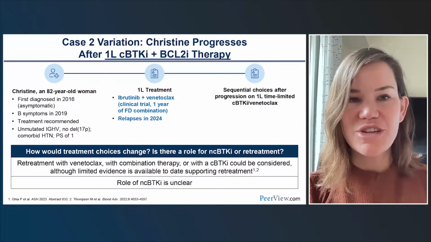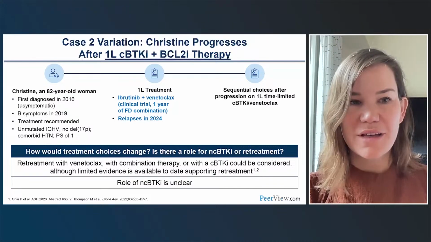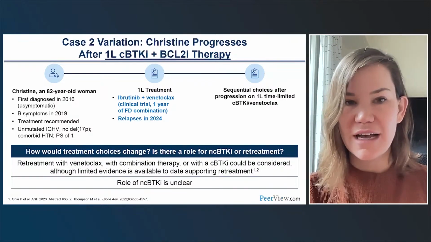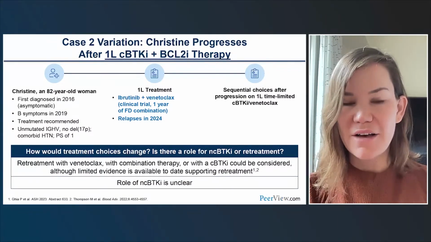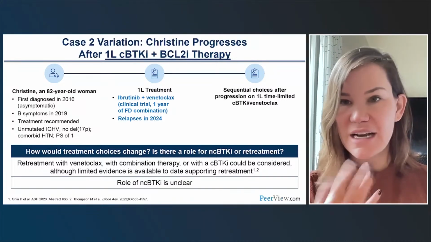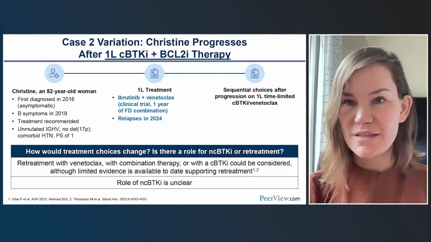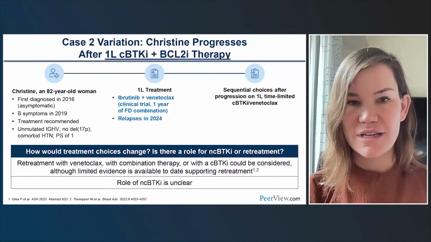So I'd like to switch up this case a bit. Let's imagine Christine, our same patient as before, instead of being treated with acalabrutinib in the front line, enrolled on a clinical trial of ibrutinib plus venetoclax. I'll remind you that this has been studied in a number of prospective trials. It's technically not FDA approved in the US, though it is approved in Europe and many other countries.